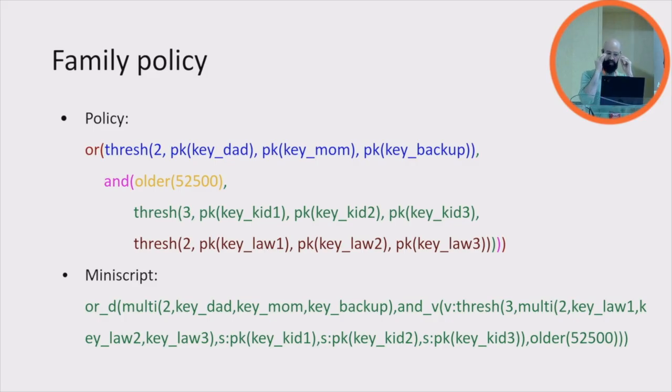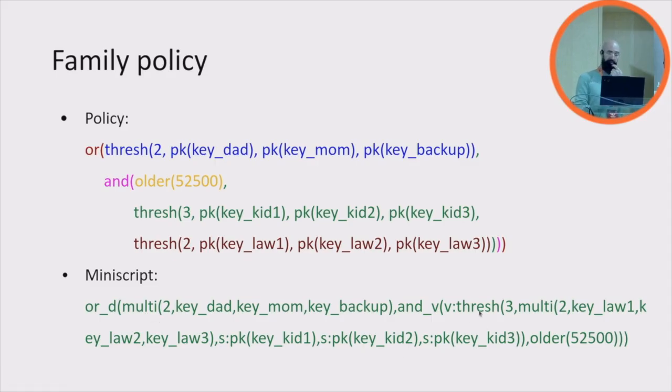It will be translated to a bit more complex Miniscript expression. As we can see, we have a multi here. Why did the Miniscript choose multisig instead of threshold?